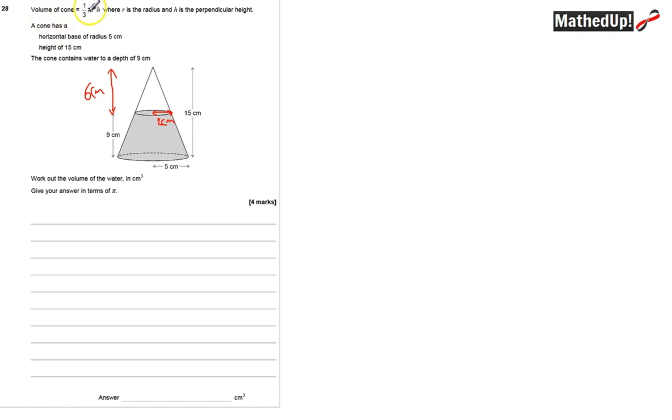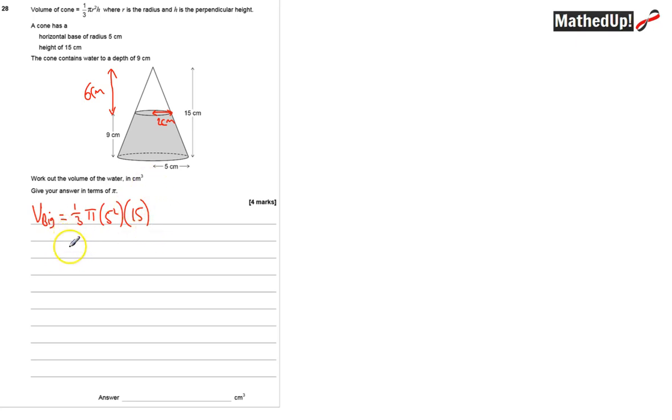So the volume of the big cone, first of all, is, so let's see, volume of big is going to be equal to 1/3 of pi times the radius squared. So the radius is 5, so it's going to be times by 5 squared times by the height, which is 15.